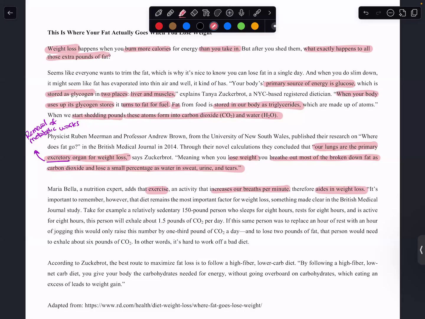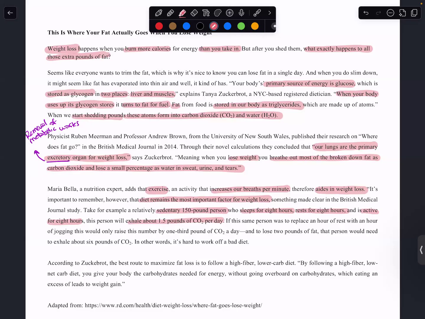It's important to remember, however, that diet remains the most important factor for weight loss, something made clear in the British Medical Journal study. Take, for example, a relatively sedentary 150-pound person who sleeps for 8 hours, rests for 8 hours, and is active for 8 hours. This person will exhale about 1.5 pounds of CO2 per day.